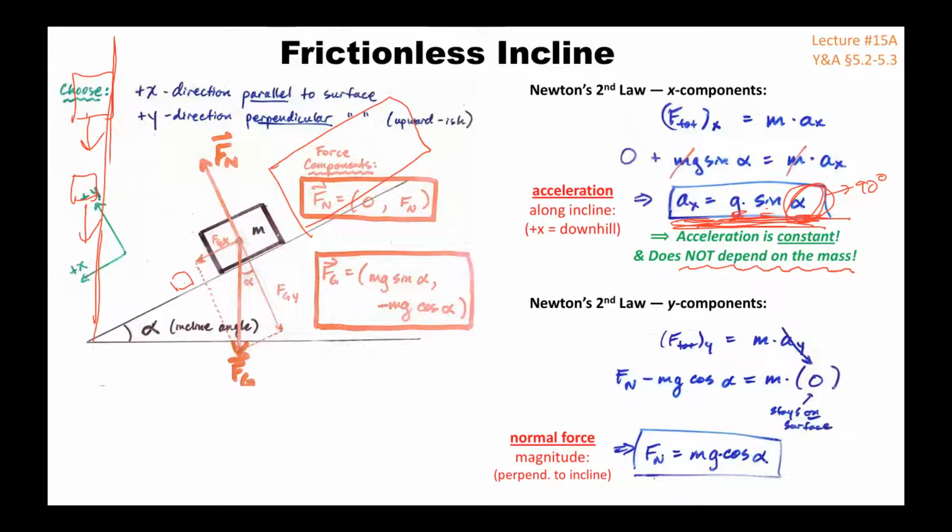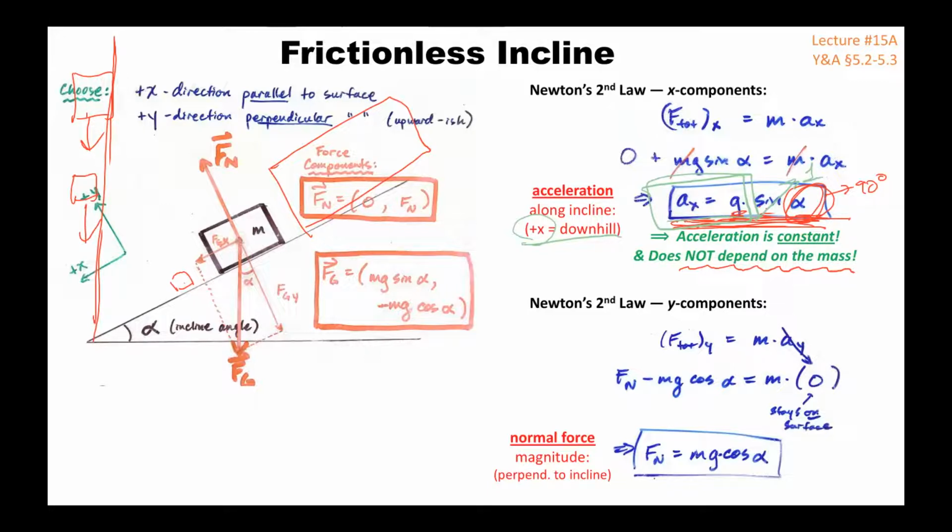So what does the acceleration become? The acceleration becomes just g in the downhill direction, which is exactly what it was for free fall, remembering that the positive x direction is downhill. So in this case, the x component of acceleration would be positive g, which is the downhill direction.